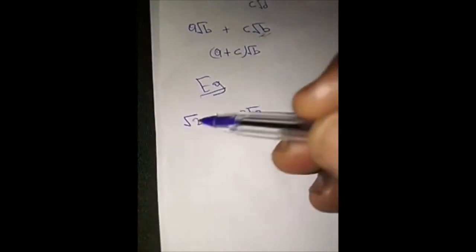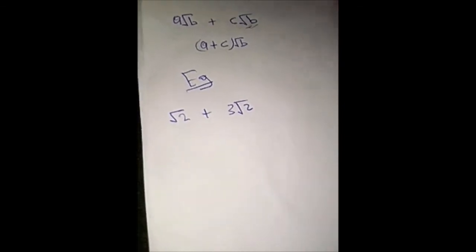The coefficient of root 2 becomes 1, but we don't write it. So we'll have 1 plus 3, and I will take one of the root 2, and it will be just 4 root 2 as the final answer.